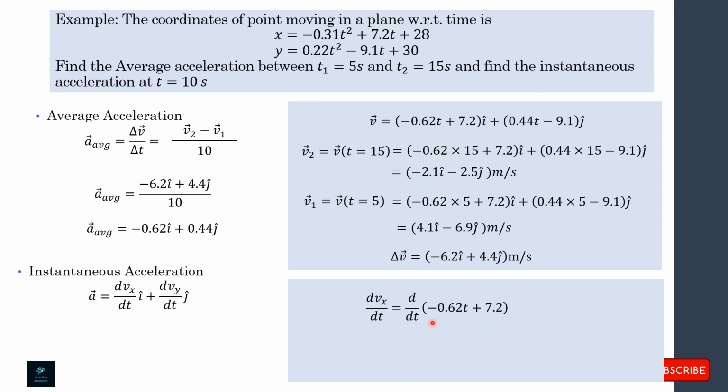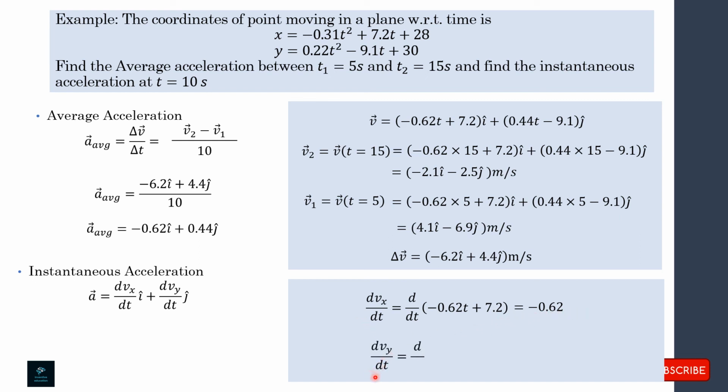This is the x component of velocity. The derivative of minus 0.62 t is equal to minus 0.62, and the derivative of 7.2 is 0. Therefore, dvx by dt is equal to minus 0.62.